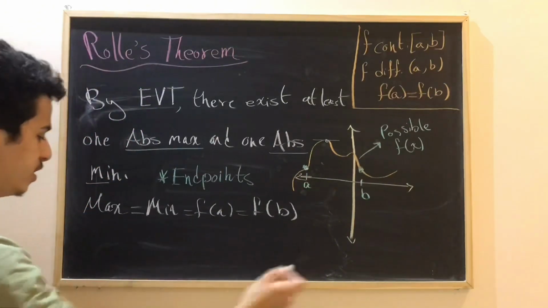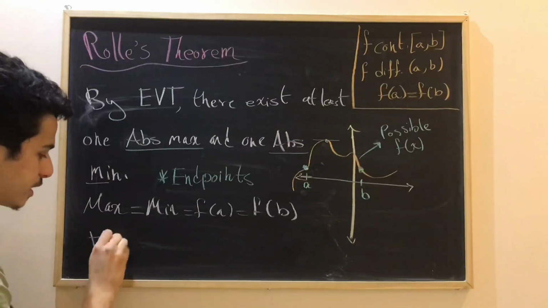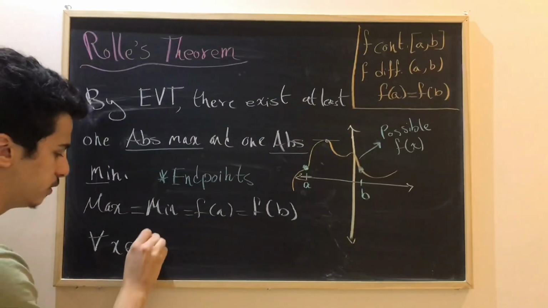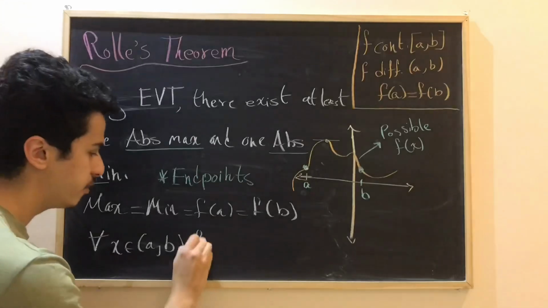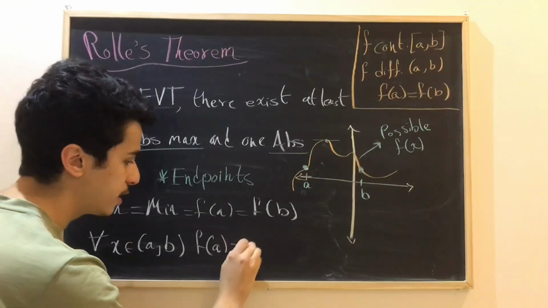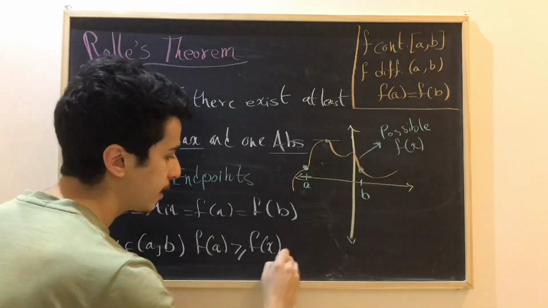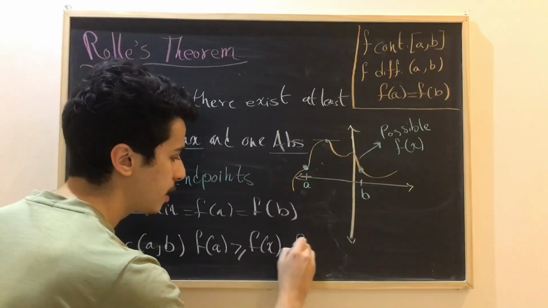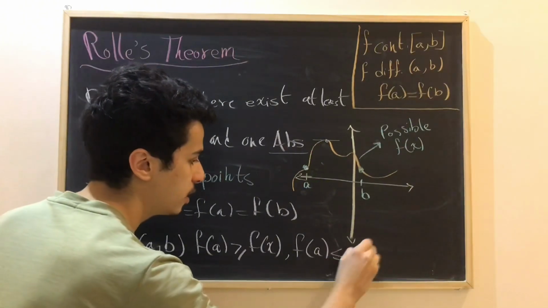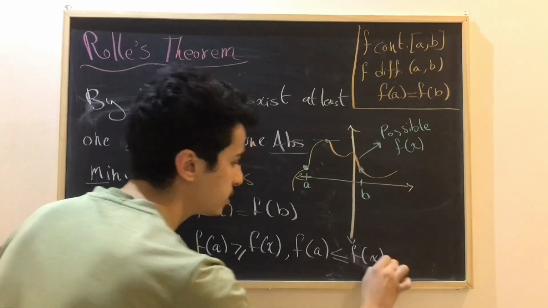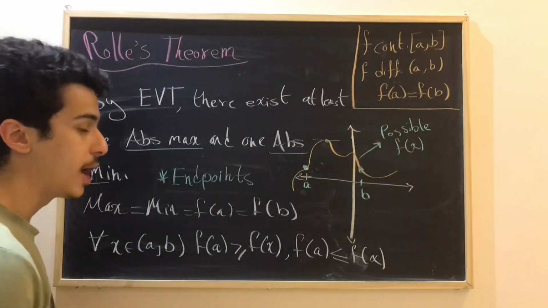That means for all x inside our interval, f of a is greater than or equal to f of x, and at the same time f of a is less than or equal to f of x, and the same goes for f of b.